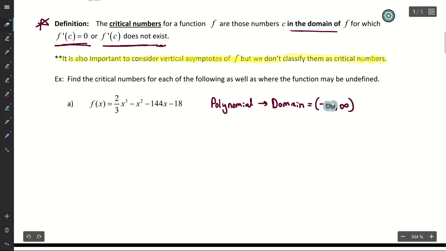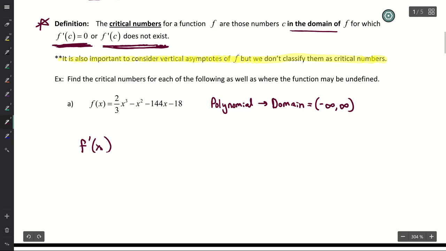All right, in this particular example, we will then go and look for a derivative. Finding the derivative will help me determine the critical numbers because the critical numbers are found by saying either where the derivative is 0 or where the derivative does not exist. So step number 1, find the derivative. On this one, we're going to use the power rule.